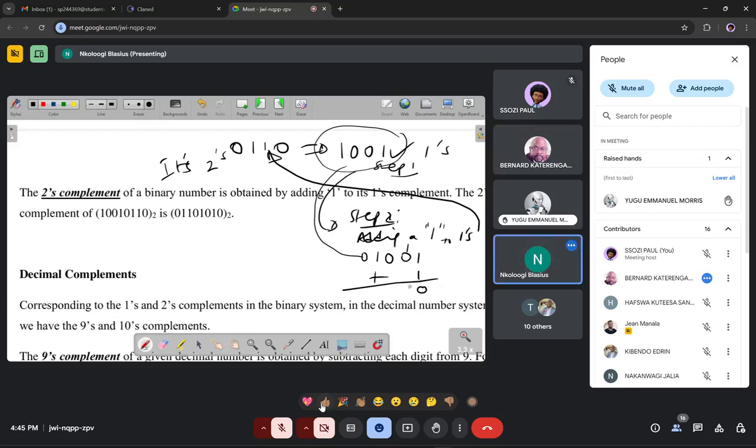Then what about this 0 column? 0 plus 0 is equal to 0. No, but there is already a carried 1, so it will be 0 plus 1, that will be 1. And this one will be 0, and then 1. So this will be the right answer of the two's complement.